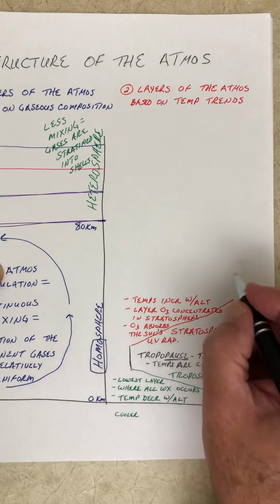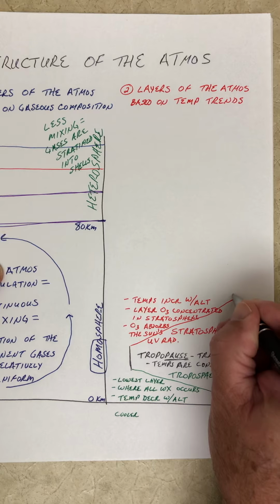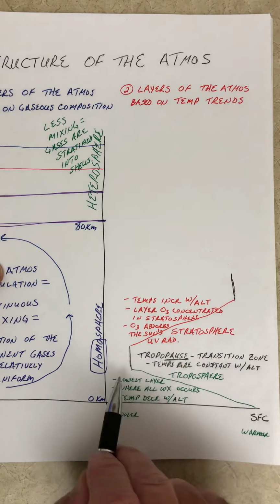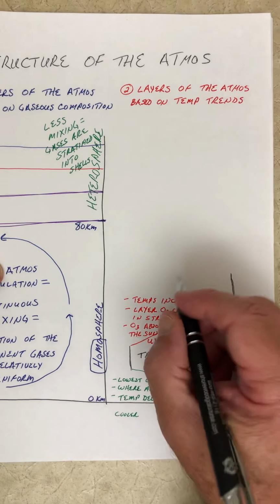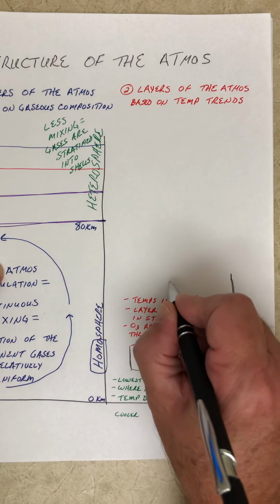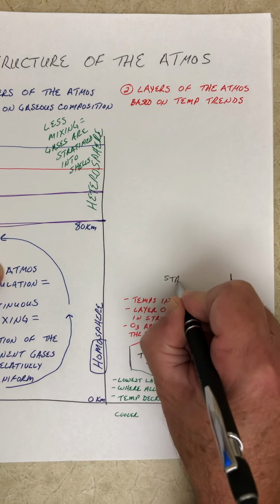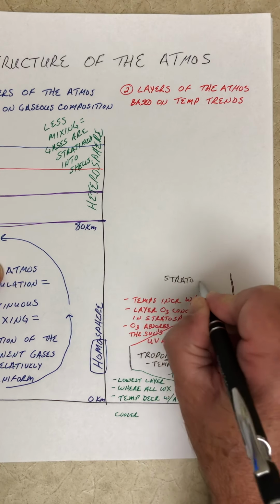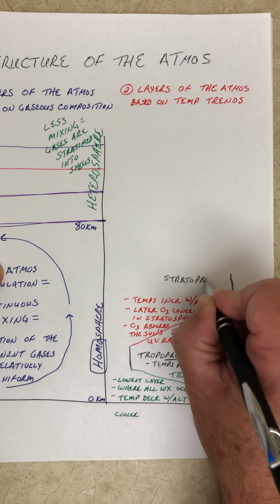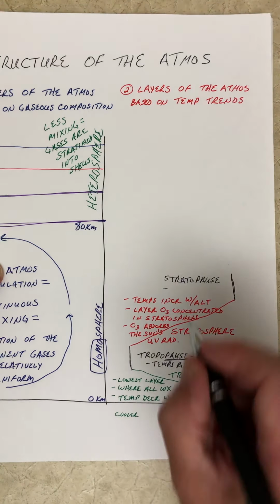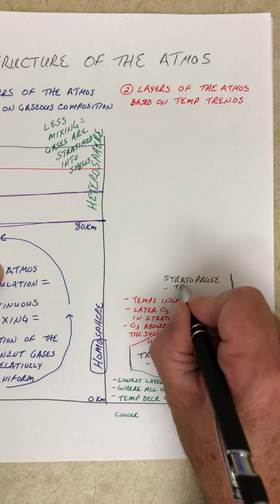Okay, at the top of the stratosphere, we've got another area where the temperatures are constant with height. This is called the stratopause. Okay, and in the stratopause, again, it's a transition zone.